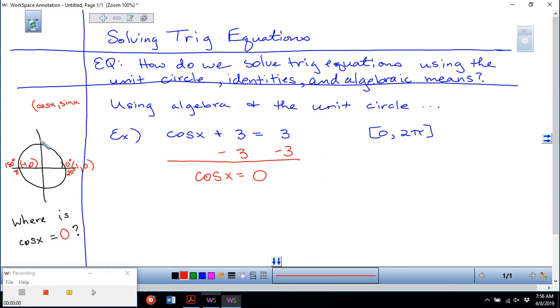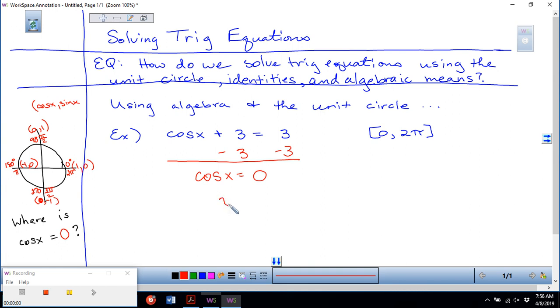So up here at 90 degrees and pi over 2, we have the ordered pair 0, 1. And down here at 270 degrees or 3 pi over 2, we have the ordered pair 0, negative 1. So you'll notice that at these two locations, at pi over 2 and 3 pi over 2, we have our cosine value being 0.